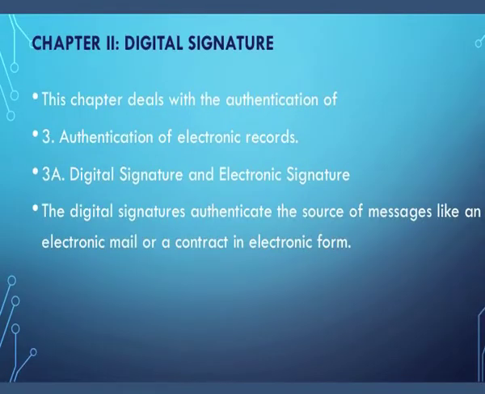Chapter 2, Digital Signature. This chapter deals with the authentication of digital signatures and electronic signatures. The digital signatures authenticate the source of messages like electronic mail or a contract in electronic form.